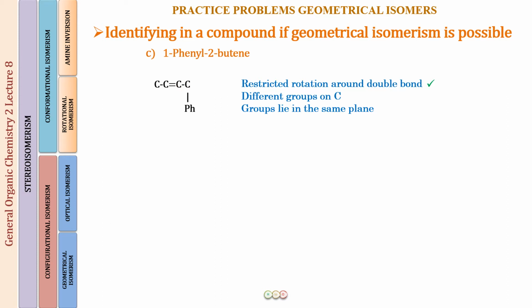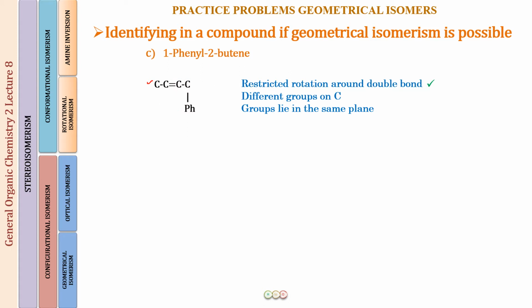So this is a hydrogen over here and a hydrogen over here to satisfy all four valencies. What you can see is that this carbon is attached to a carbon and a hydrogen, and this carbon is also attached to a carbon and a hydrogen. So this means that there are different groups present, right?